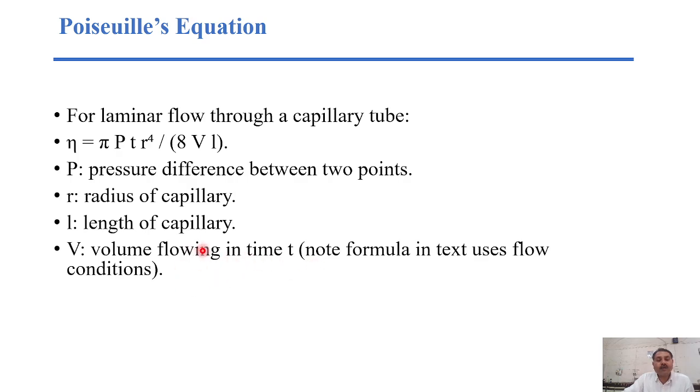V is the volume of the liquid which passes through the capillary, and t is the time required for a fixed volume of liquid to pass from the upper layer to the lower layer. So by using this equation we can determine the absolute value of viscosity of any liquid.